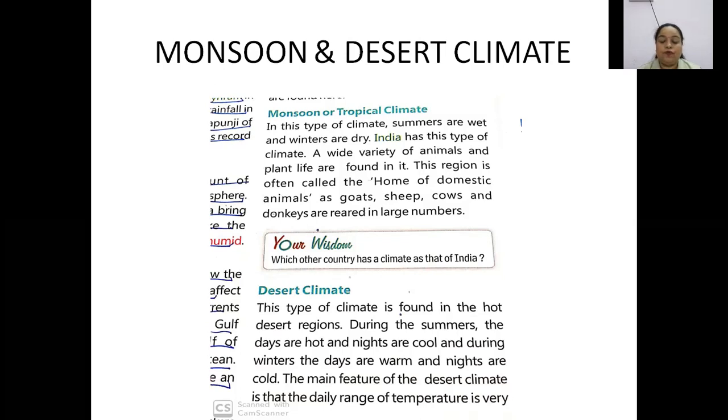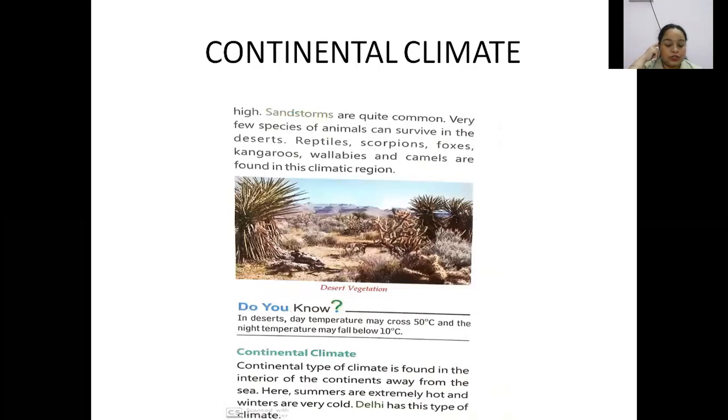The main feature of this desert climate is that the daily range of temperature varies, meaning the daily temperature changes, with a variation between the day temperature and the night temperature.